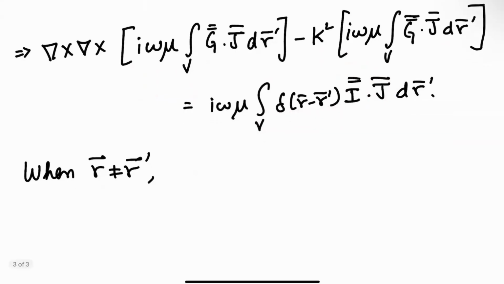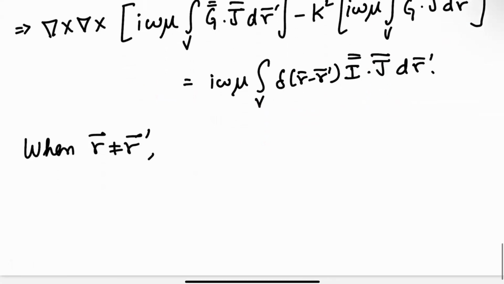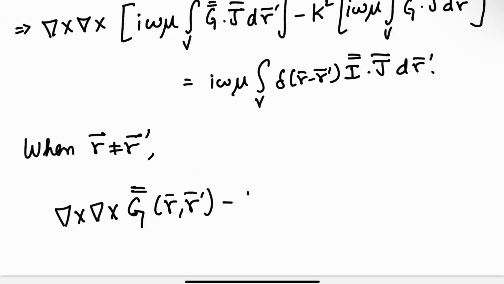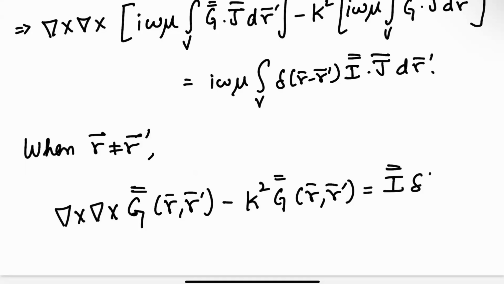We've seen this kind of an argument before, so we're making that same argument again. So under that condition, we have that curl of curl of G(R, R prime) minus k squared G(R, R prime) equals I delta of R minus R prime.